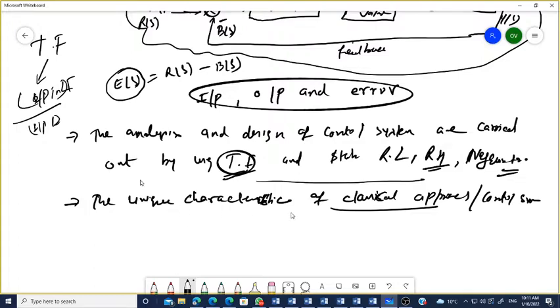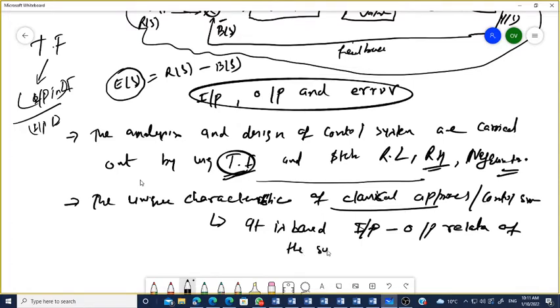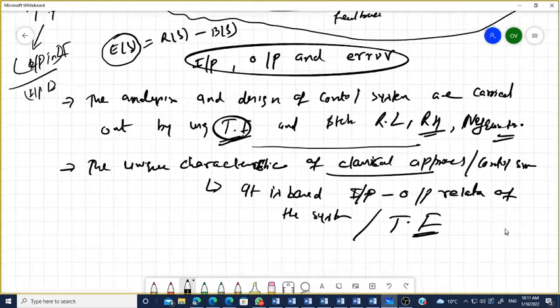The unique characteristic of this control theory is that it is based upon the input output relation of the system. Yes or no? Input output relation, how is it? Or you can say simply the transfer function. Is that right? Is everything fine up to here? Yes, sir.